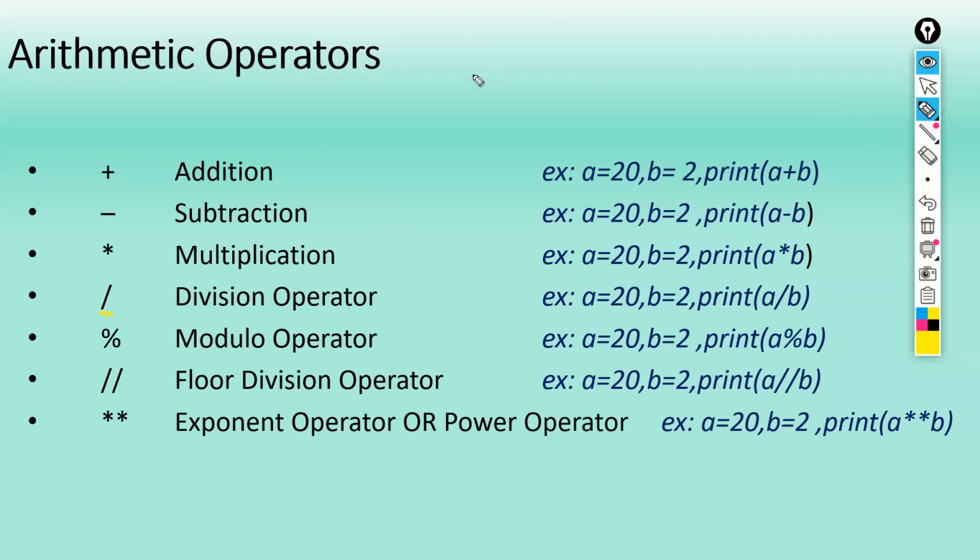For example, let's take A by B. I want to do this operation. Let me change the color. A slash B. Slash means the division operator. Here I'm taking 20 by 2. What is the value?